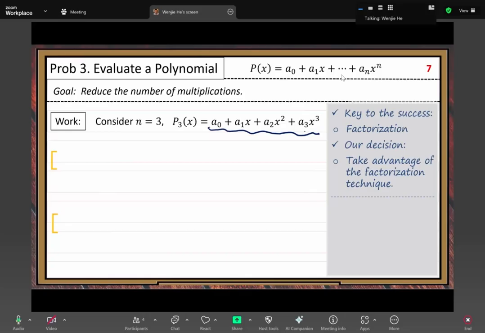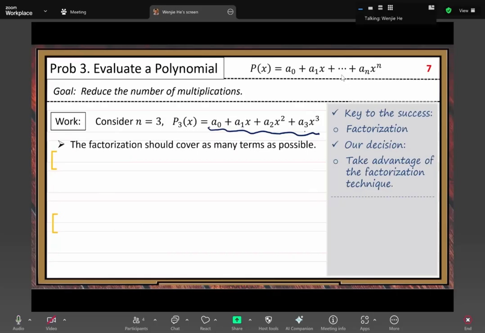Although you know factorization technique is the key to the success, there is another question, how do you apply this technique in the right way, right? Yeah, that's not easy. So we need to address that problem. Okay, the right way here.